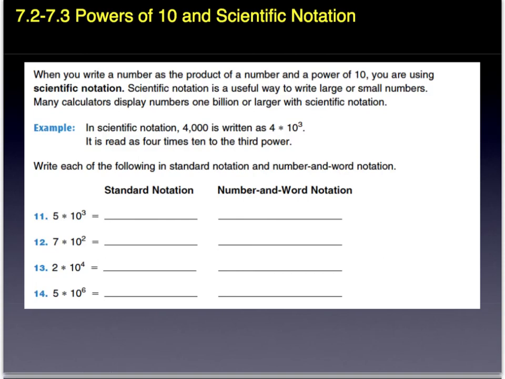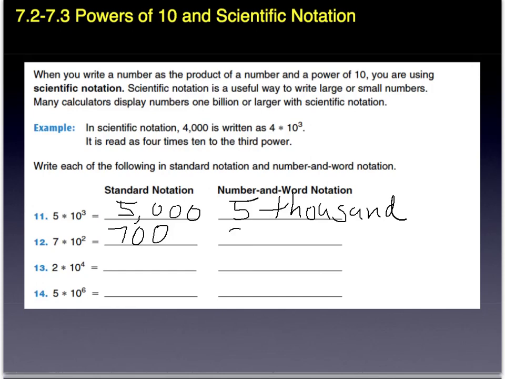Okay, so let's write each of these numbers in standard notation and then practice writing them in number word notation. So 5 times 10 to the power of 3, 5 times 1,000, 5,000, and I would say 5 and the word thousand for number word. 7 times 10 to the power of 2, 7 times 100, 700.